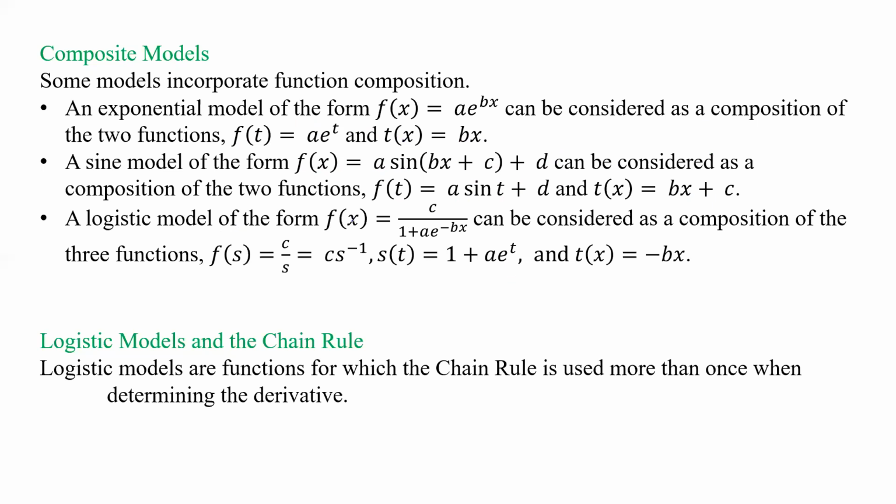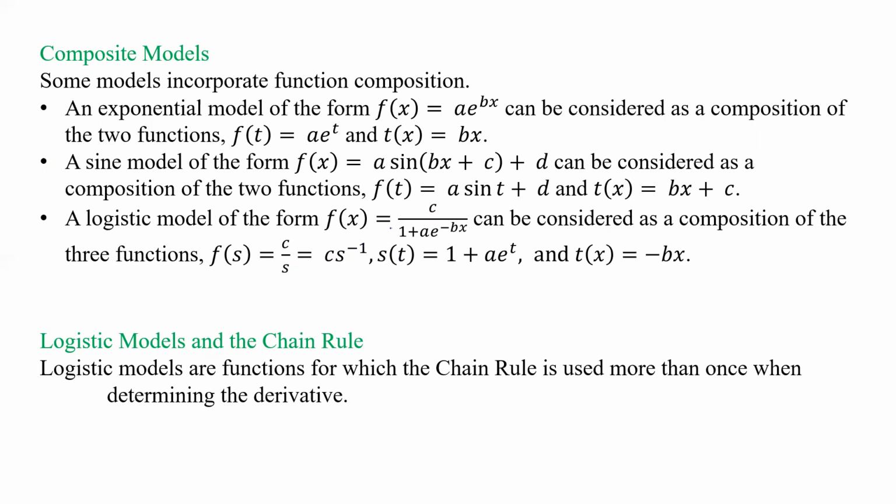Now, our logistic model is the more complex one, because you have to do a u substitution and some other stuff. And so it's going to be considered the composition of three functions. So we have c over what we're going to call s, and that can be written as c times s inverse, so that's all to the -1.